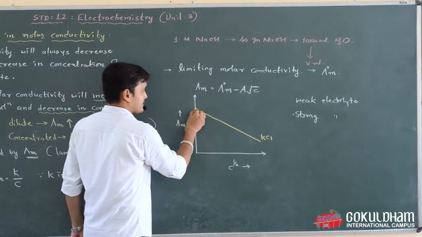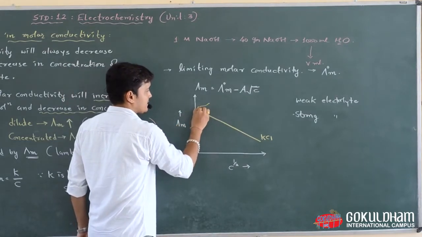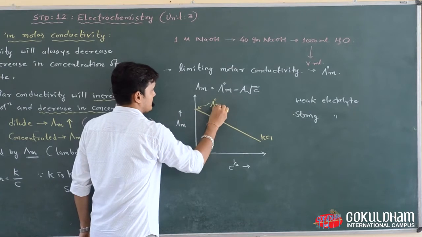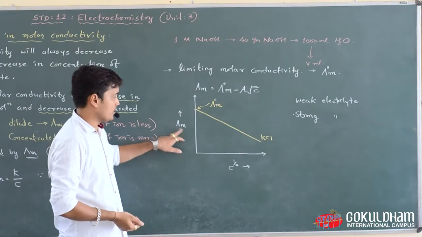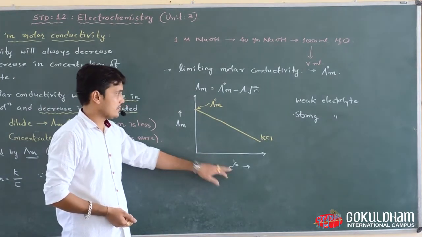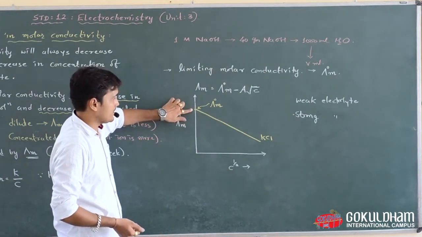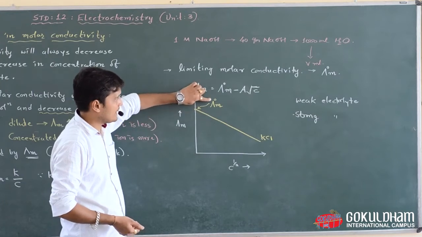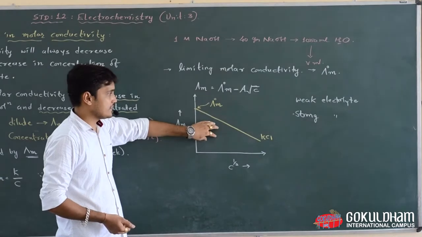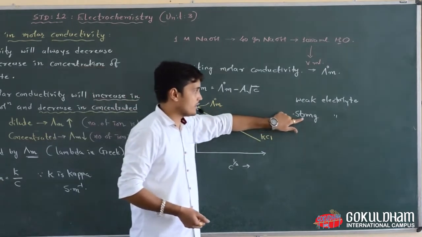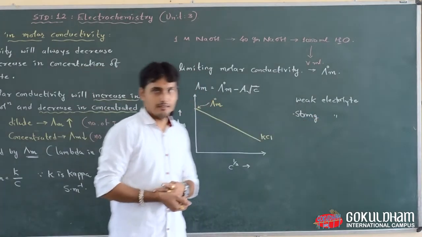You get the intercept value and this intercept value is known as lambda 0 m. Means when you plot the graph of molar conductivity with concentration and you get the intercept, that intercept value is known as limiting molar conductivity. This case is only applicable for the strong electrolyte.